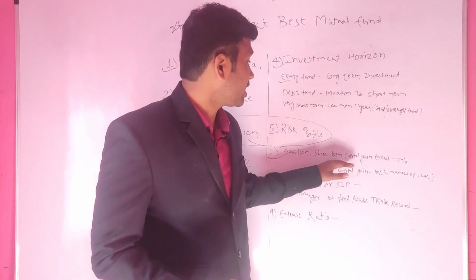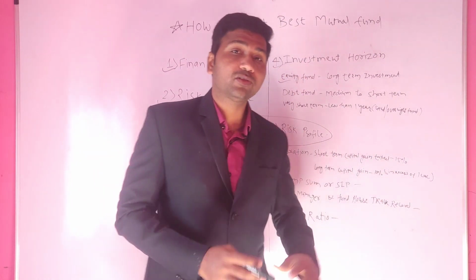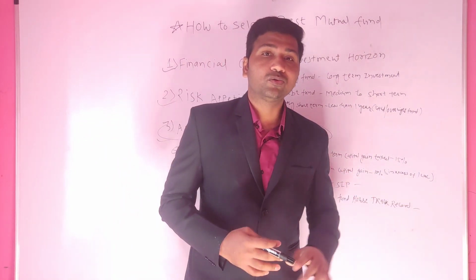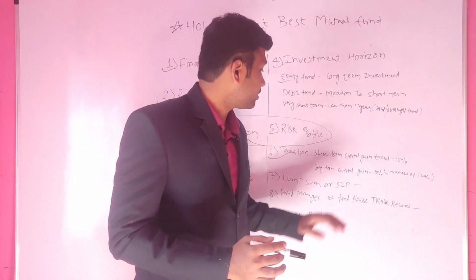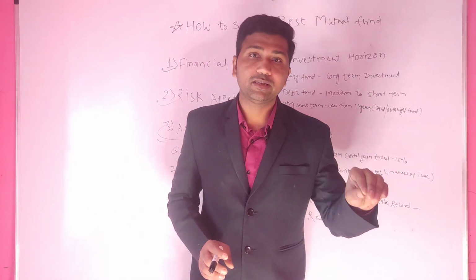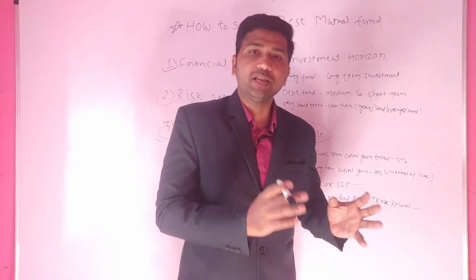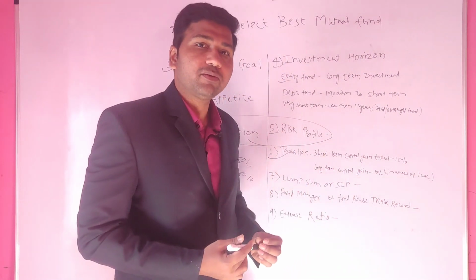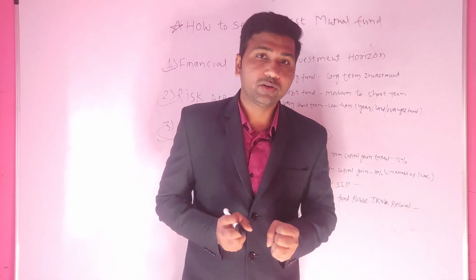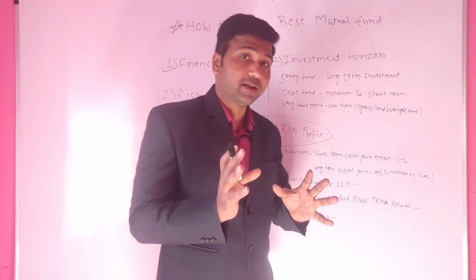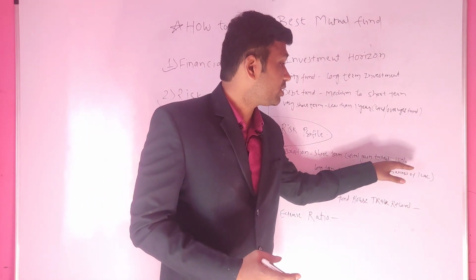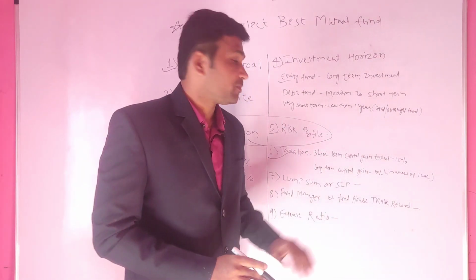For the long term capital gain, if you hold the mutual fund for the long term, then, sorry, it's the short term capital gain. First of all, I will talk about the short term capital gain. Let's take an example: you invested for 1 year or 3 years or less than 3 years, then you need to withdraw your money from the mutual fund. On the profit or capital gain you get, you have 15% tax for the short term.